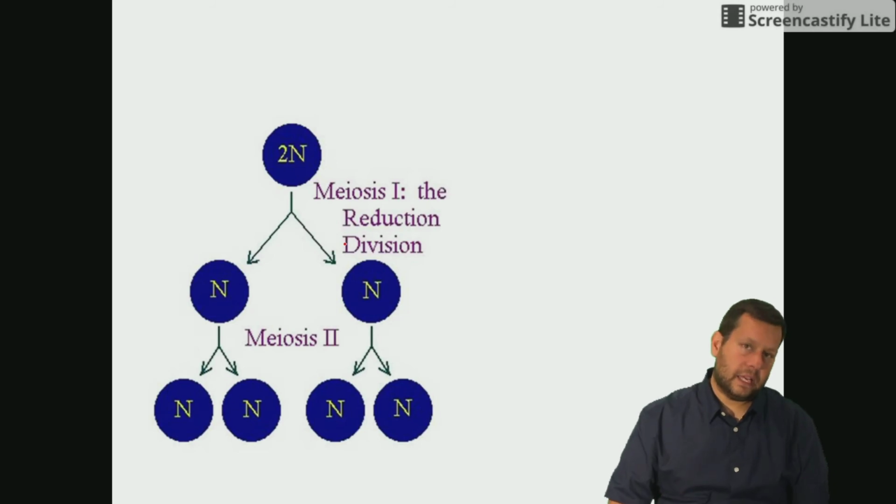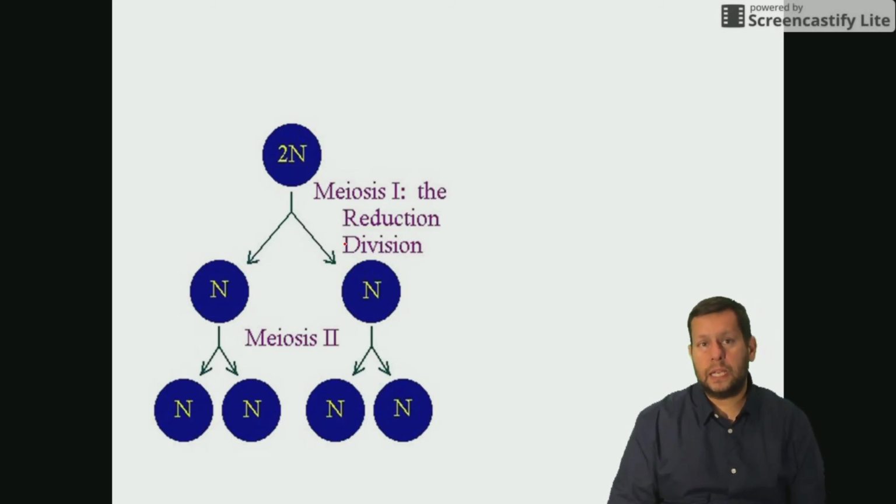One of the main things that I wanted to focus on with you guys is not only the important vocabulary words like synapsis, tetrad, disjunction, chiasmata, it was also understanding when does the cell become haploid. So if you look at this diagram here, we start off with our original cell. You can see that it's 2N. It goes through the first division, meiosis 1, and we're already haploid.